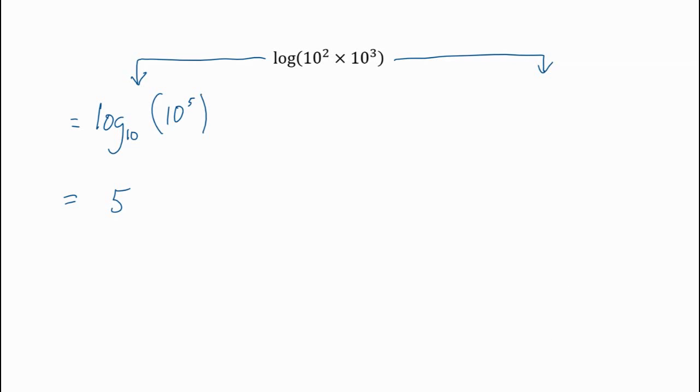So what we're going to explore is, is there some property that relates the logarithm of a product to be equal to the logarithm of the different parts of the product separately? Do you understand what I mean?